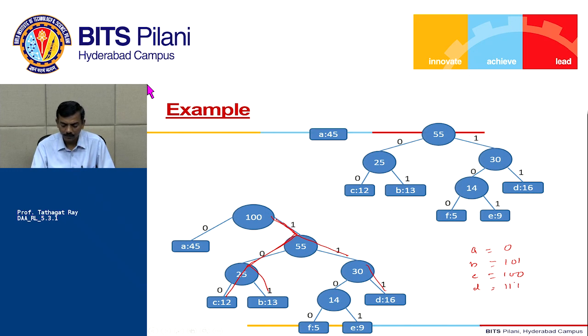For E, it is, you always start from the root, 1, 1, 0, 1. How about F? F is 1, 1, 0, 0. So that's F. Okay, fine. So that's the prefix code, and that's the binary representation which we get from the Huffman codes.